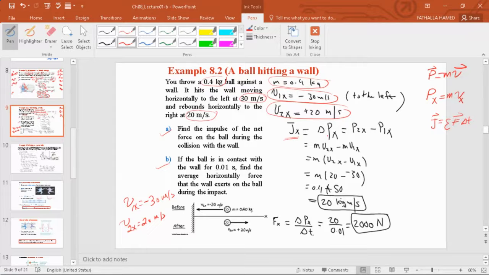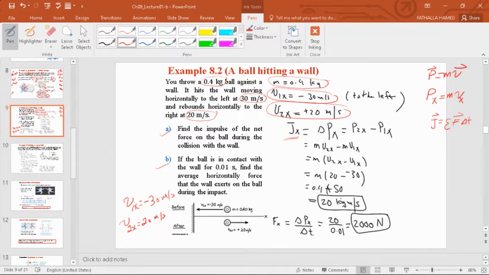So Jx will equal the difference, delta px, which is p2x minus p1x. And p2x is mv2x, and p1x is mv1x. So it's mv2x minus mv1x. You can take the m as a common factor, so it will be m times v2x minus v1x.